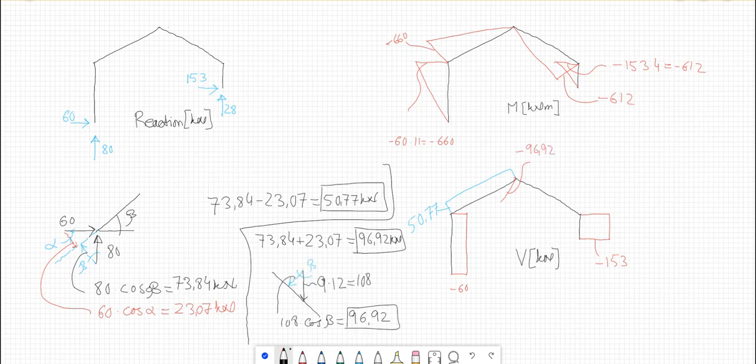So here we have the force, the line load, and this is nothing, just the difference between these two that we already found. So the difference will be 2.77 there. So that was the shear diagram.